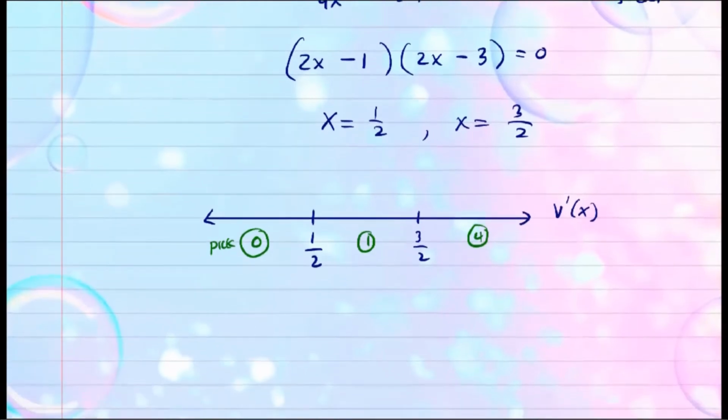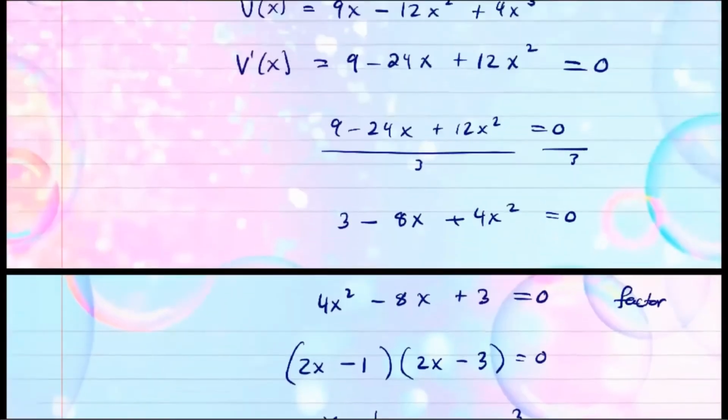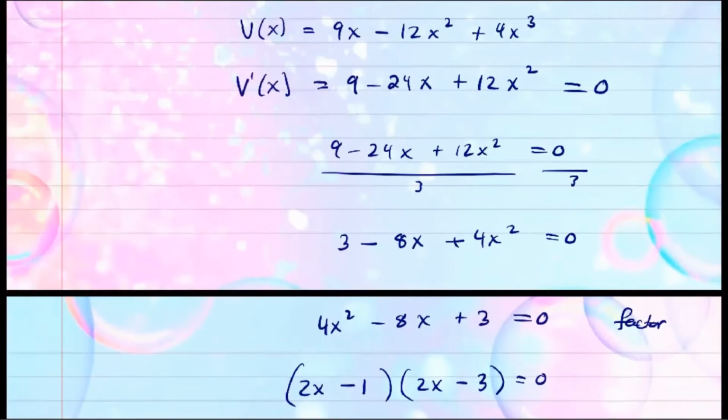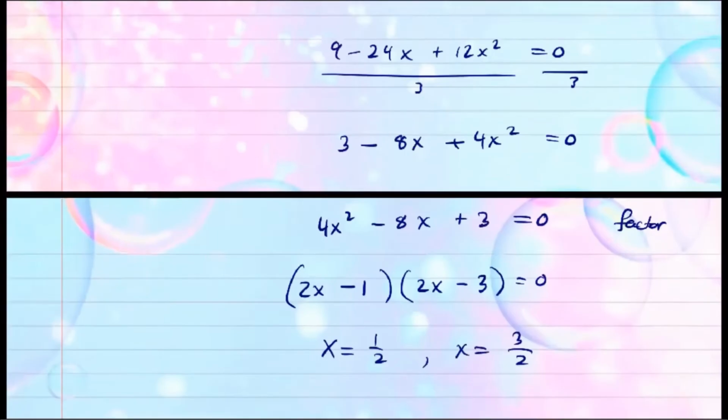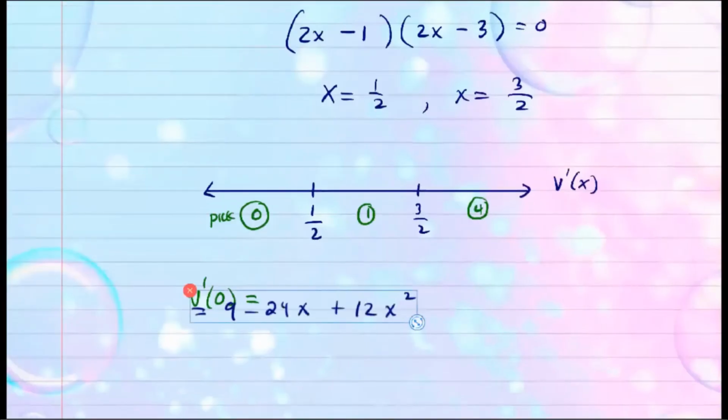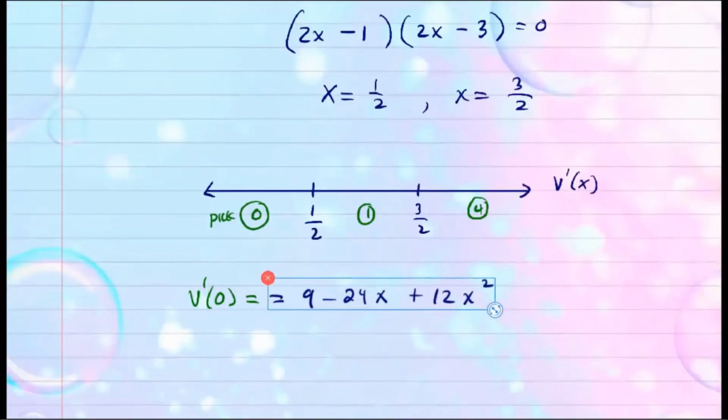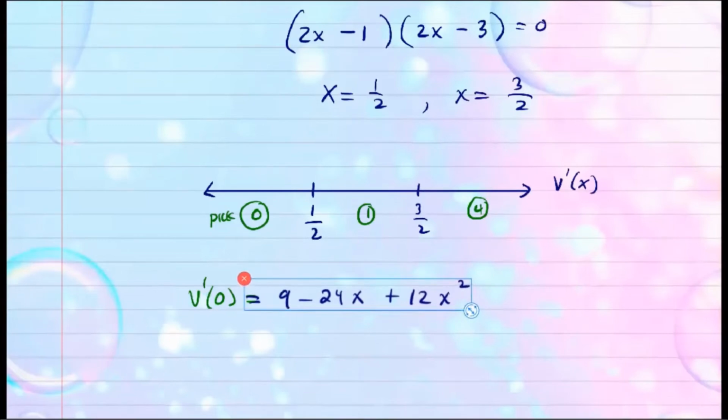So when you plug these into your first derivative function, our derivative function is right here. Let's pull this down. So V prime of 0: I'm just going to plug in 0 for each of these x's.